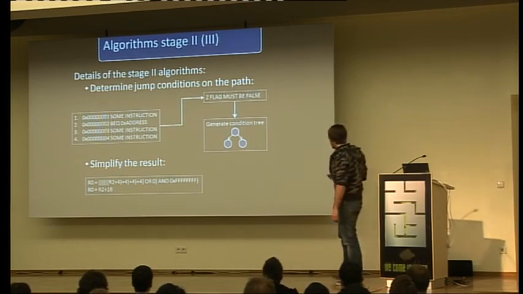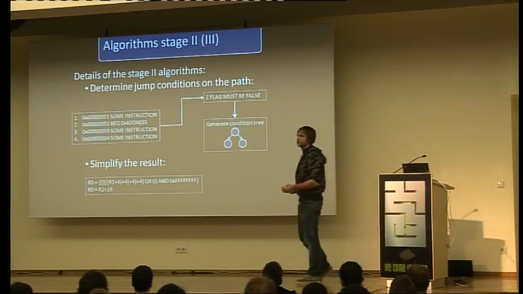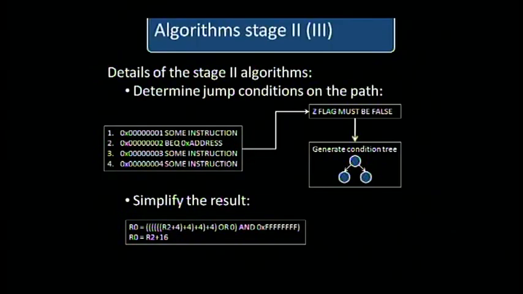So after we have now merged all the native instructions along a path and put them together, so that we have the semantic information extracted for all the instructions that are executed along a single path, we now need some kind of way to define what we are actually looking for.